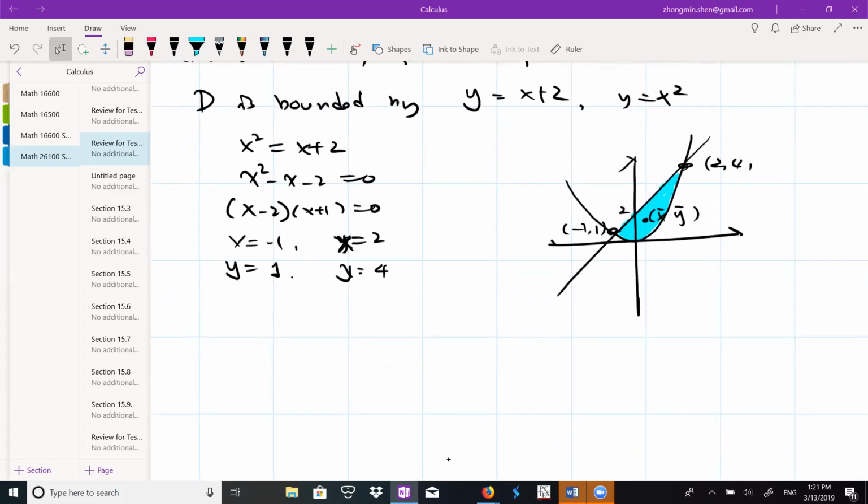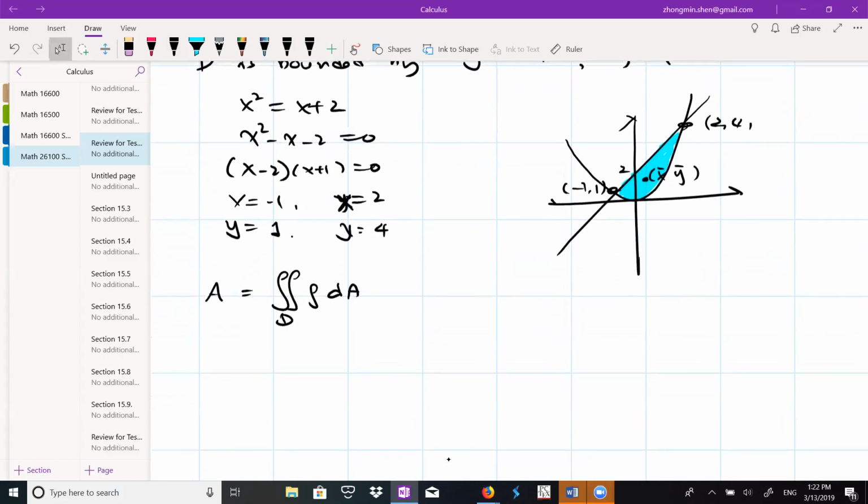All right. So first of all, you find the mass, right? That's going to be a double integral of rho dA. Okay, write down the formula.